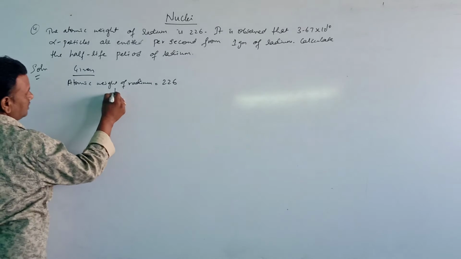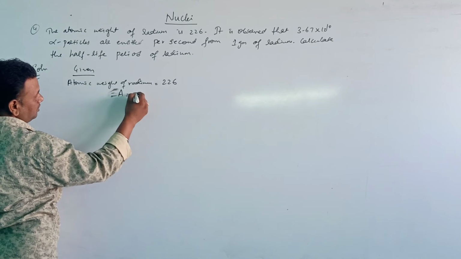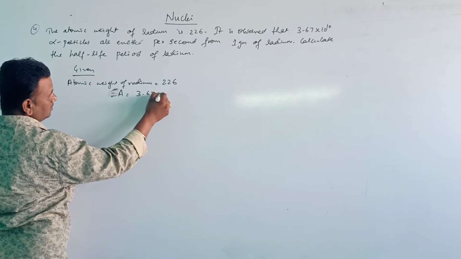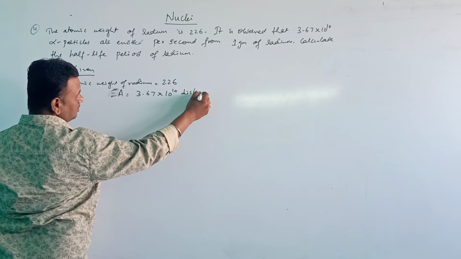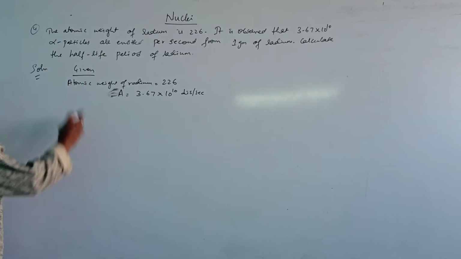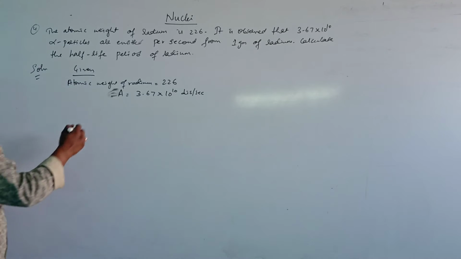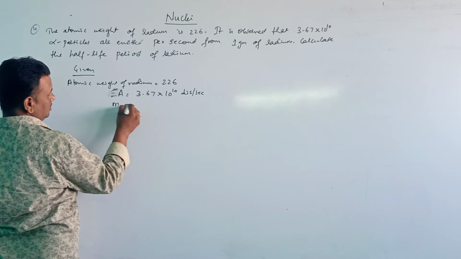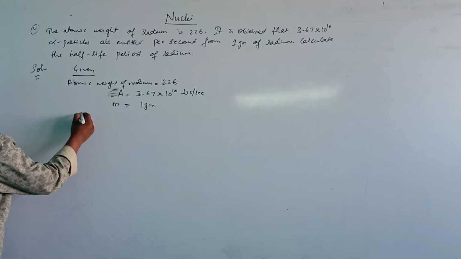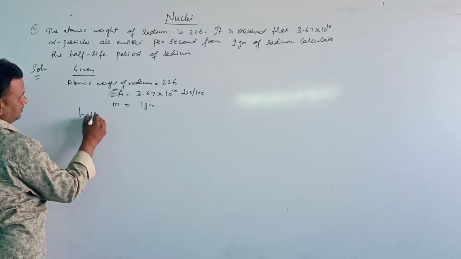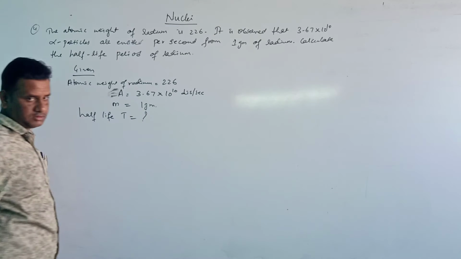Also he has given the A value, that is the disintegration rate, 3.67 into 10 to the power of 10 disintegrations per second, emitted per second from 1 gram of radium. So mass is equal to 1 gram. Now he is telling to calculate the half-life, T is equal to how much?